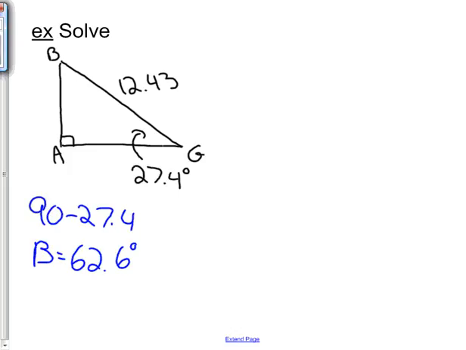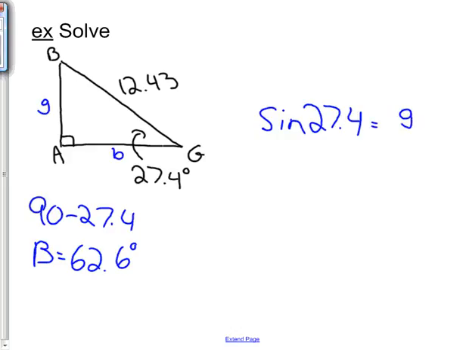So we're going to use this angle 27.4 and take the sine of it. So sine 27.4 is equal to the opposite over the hypotenuse. The opposite is just little b.